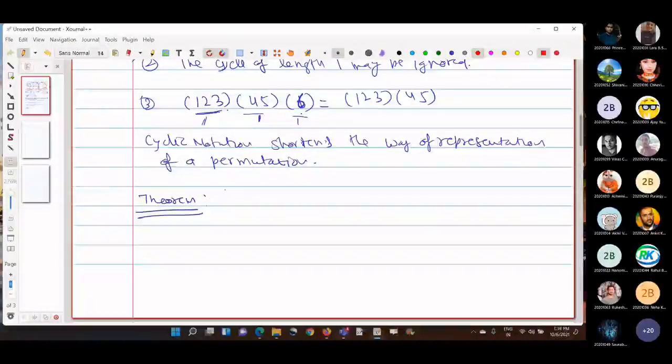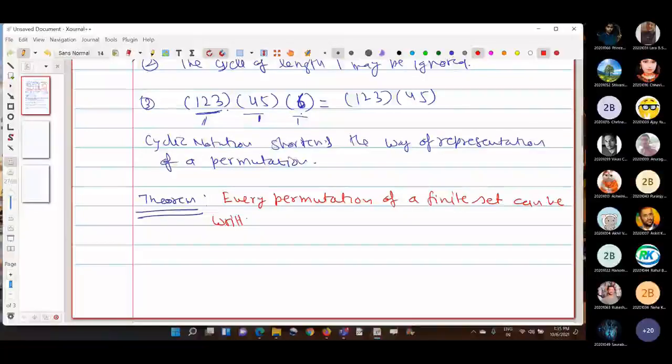So the theorem is that every permutation of a finite set can be written as a cycle or as a product of disjoint cycles.